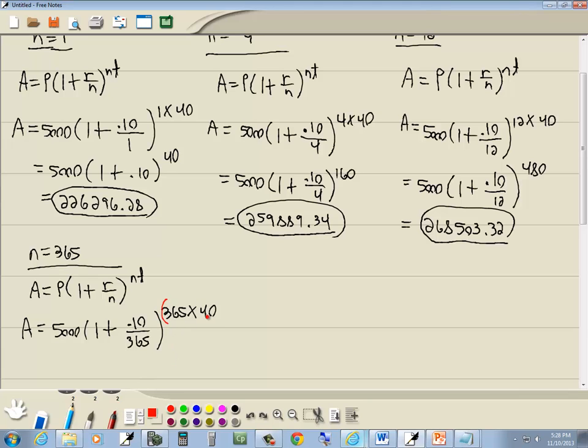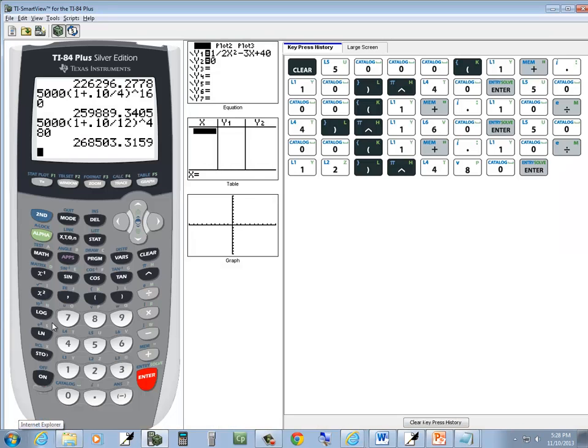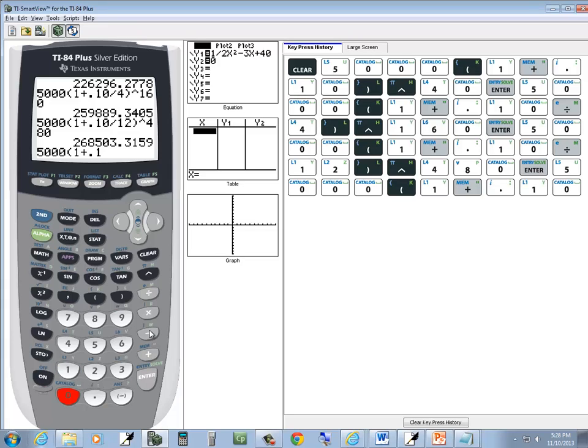Now this one, I'm going to put that in as you see it. Since there's more than a single number up in our exponent, I want to put parentheses around the exponent. So we got 5,000. Then beginning parentheses, 1 plus 0.10 divided by 365.